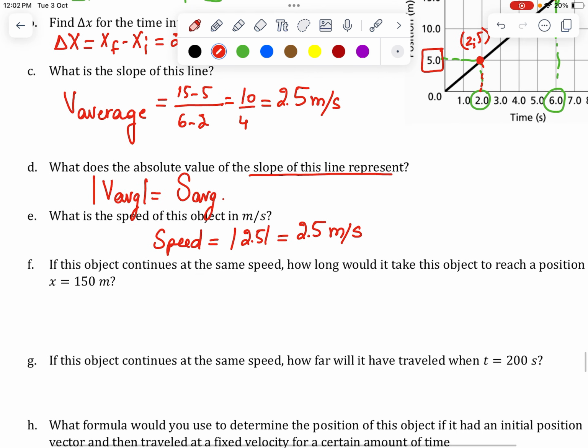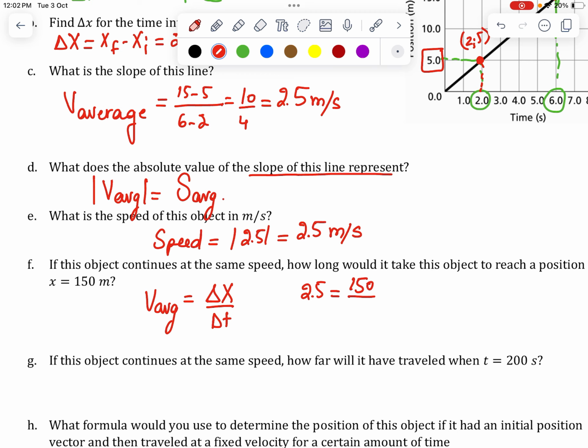If the object continues at the same speed, how long would it take this object to reach a position x equals 150? Applying the equation here, V average equals the displacement over the time, given the velocity and the displacement.